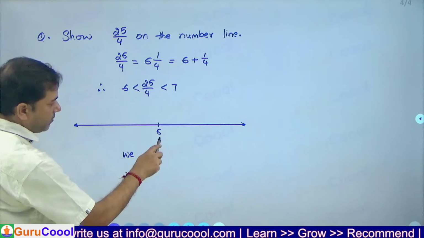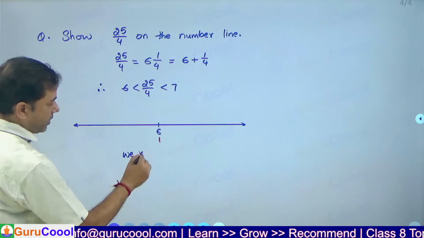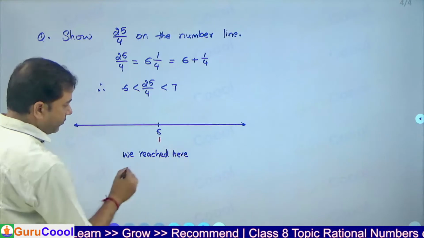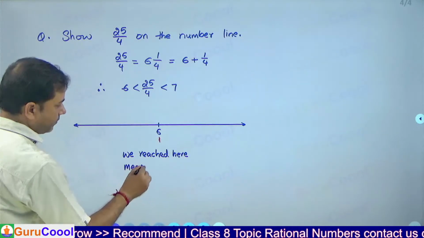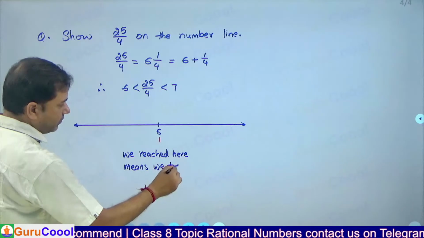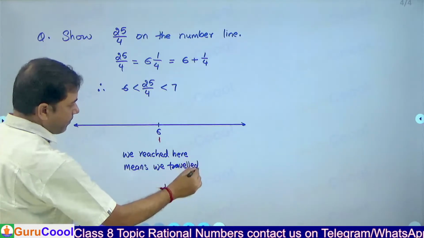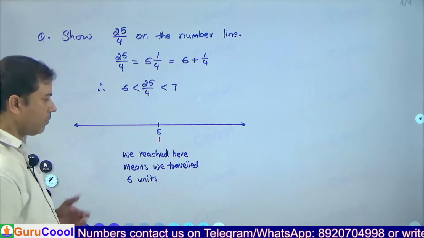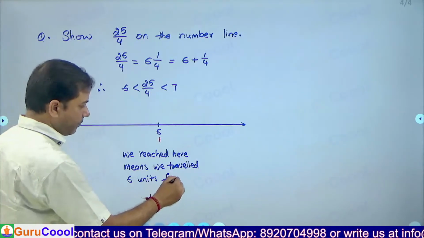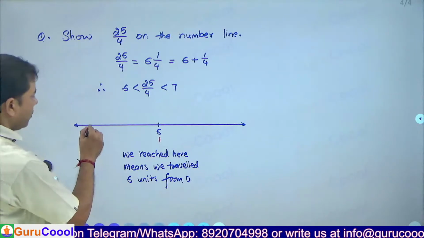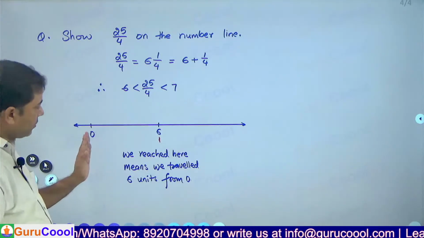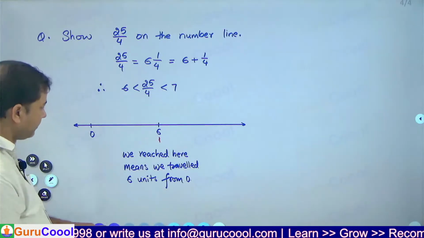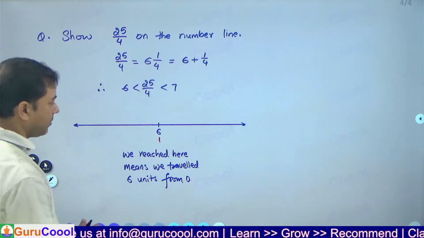When we reached here, it means we traveled 6 units from 0. So somewhere 0 is there. 0 to this point we have already traveled 6 units. This is the meaning of taking 6 on the number line.